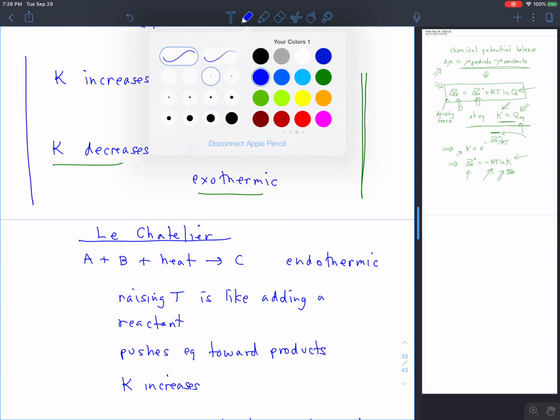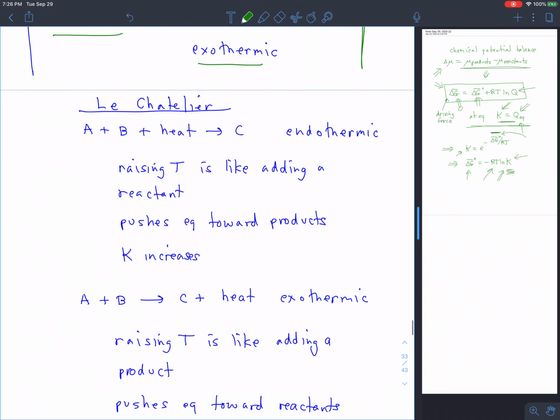Le Chatelier's principle says that if I have a chemical reaction like this, and I add a reactant to the chemical reaction, then I push the equilibrium towards products. The Le Chatelier principle says that the reaction always tries to oppose what you're doing. A reaction that's already at equilibrium, if you make a change, the reaction will change in a way that opposes whatever you're trying to do.